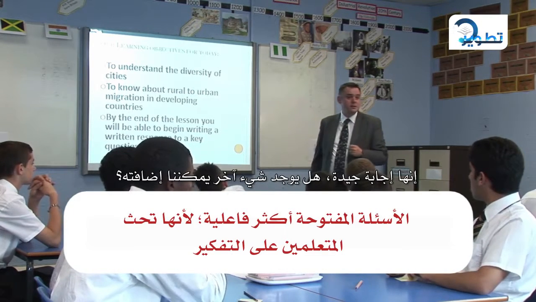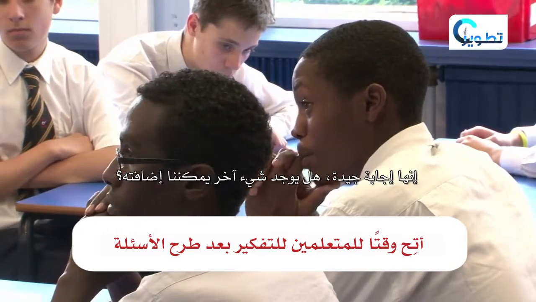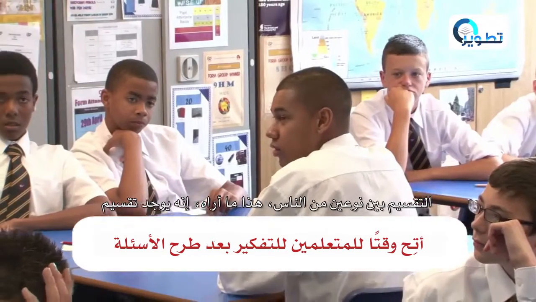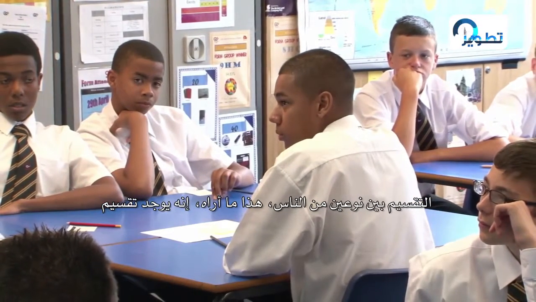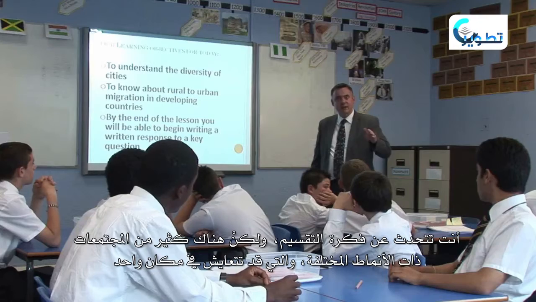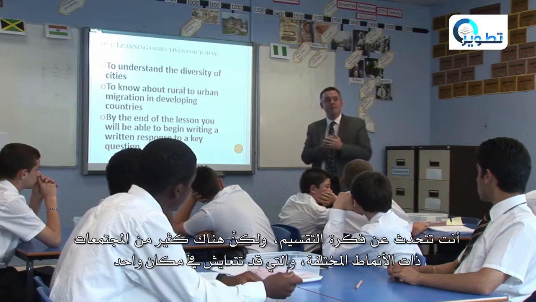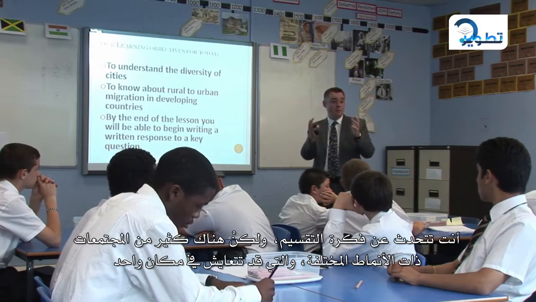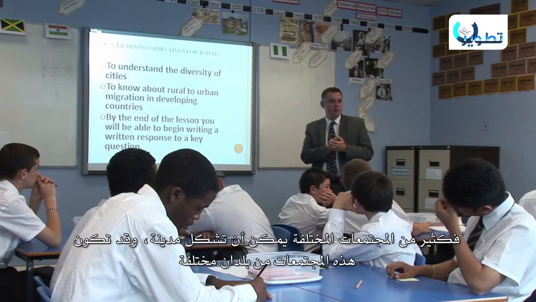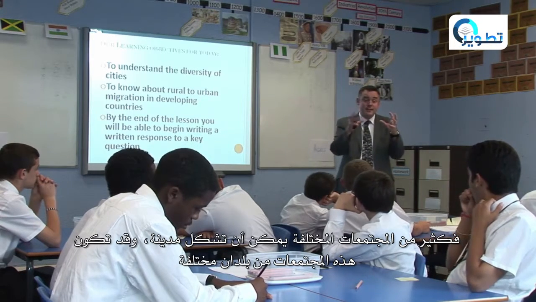That's good. Is there anything else that we can do to help there? The division between the two types of people, like diversity, like divide, division. So you bring in there an idea of division, but there's lots and lots of different types of communities perhaps living in one place. Lots of different communities from perhaps other countries have come to one city.